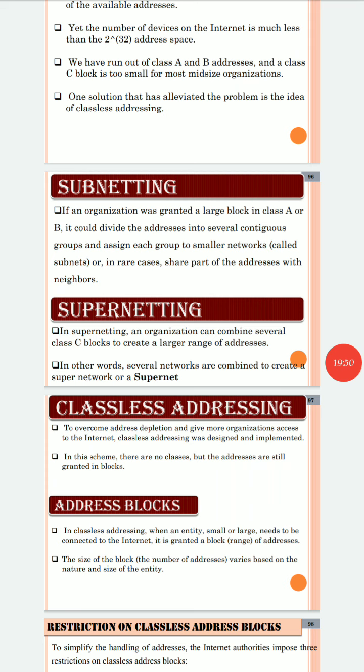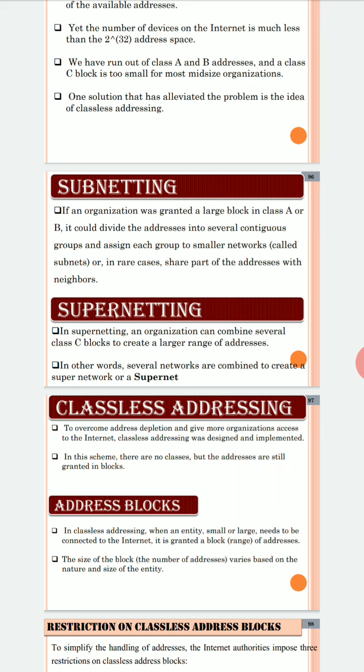To overcome this problem, there are two solutions. One is called subnetting, the second is called supernetting. These two strategies can be used to overcome the problem of classful addressing. In subnetting, a class A or class B block is divided into several subnets.